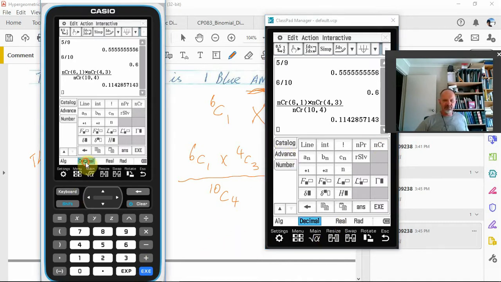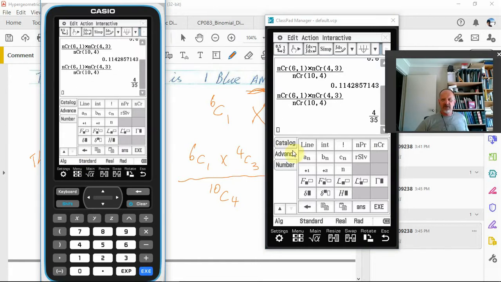Then press the decimal conversion, and there it is in decimal form. We've then got 4 on 35, apparently.